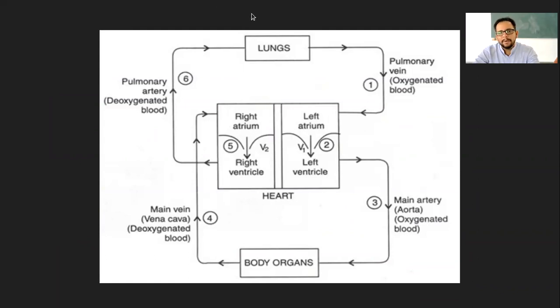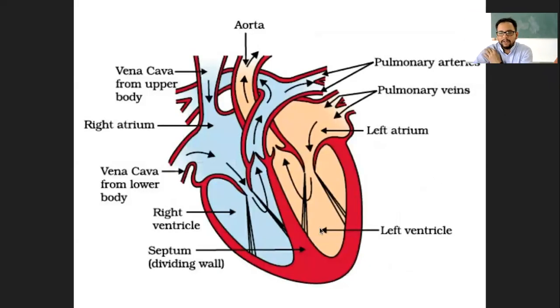This part where the blood is going to the lungs is part of the pulmonary circulation, and this part where the blood is going to the body organs is part of the systemic circulation, right? That way the classification of the blood flow is done with respect to these different structures.